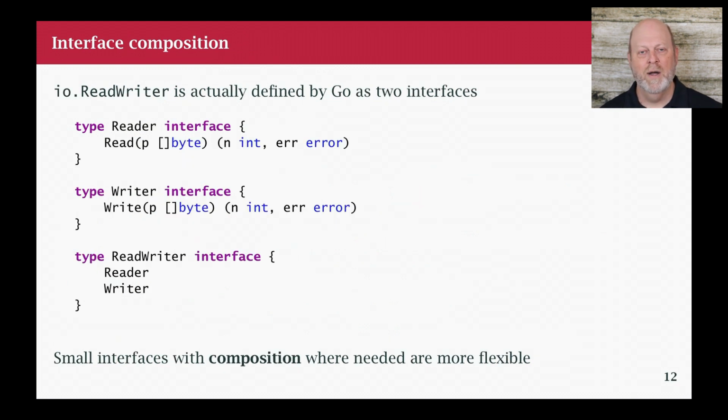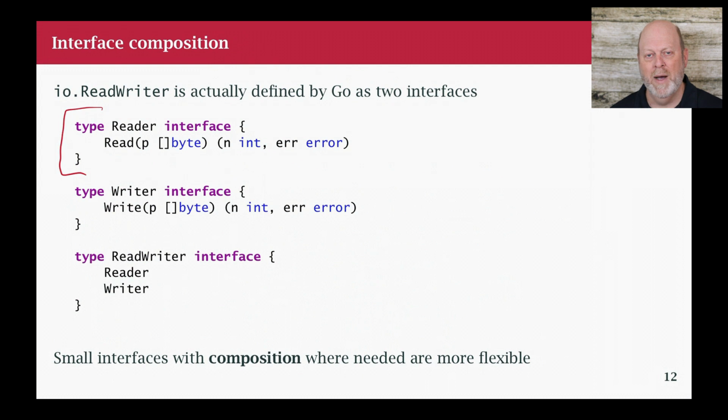Okay, so we've talked a little bit about composition versus inheritance, and we're going to get into composition in the next segment. But I want to talk about composition in a different category, and that is we can also do composition with interfaces. Now, if you look at an interface definition, it kind of looks like a struct. It's got curly braces and a list of methods, okay?